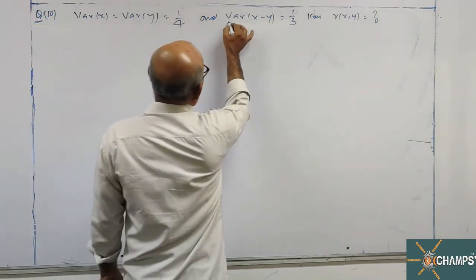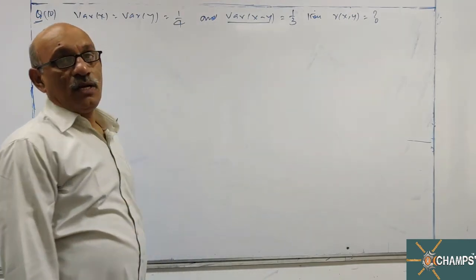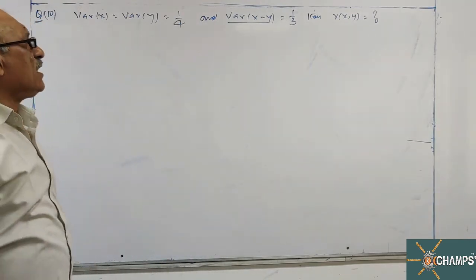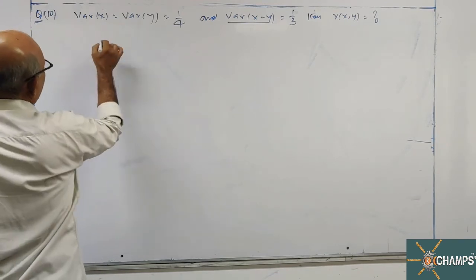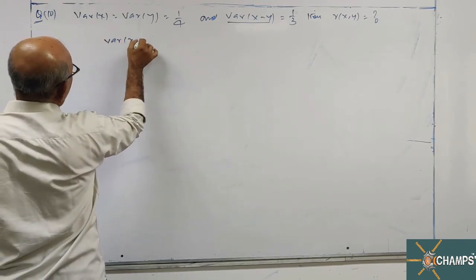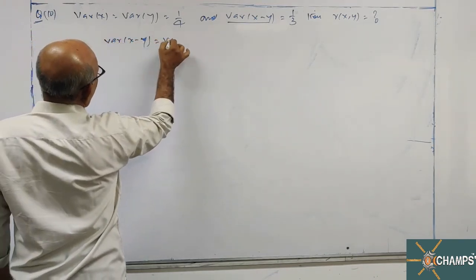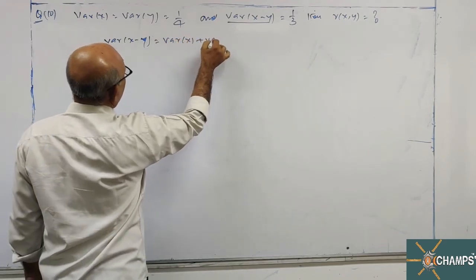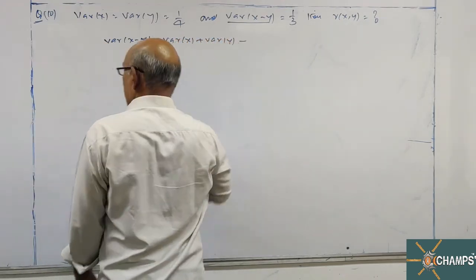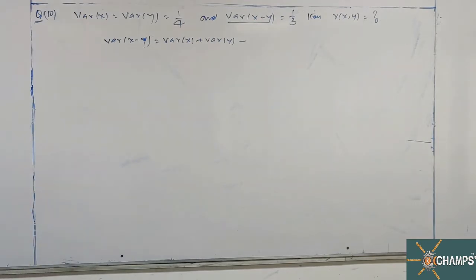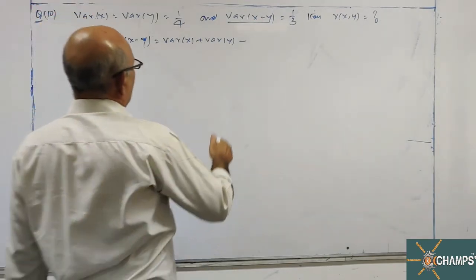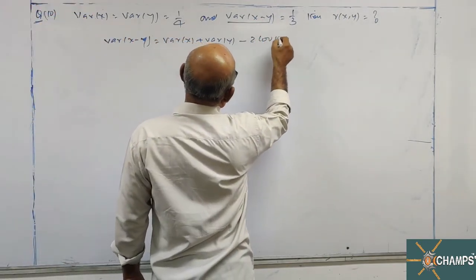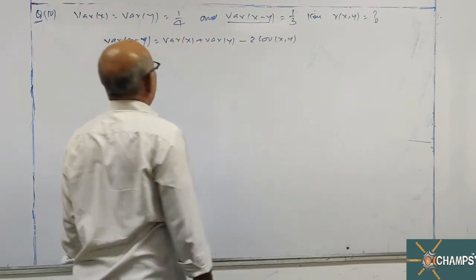Now here it is variance as a linear combination. So variance of x minus y is equal to variance of x plus variance of y minus 2 times covariance of x comma y. This is the formula.